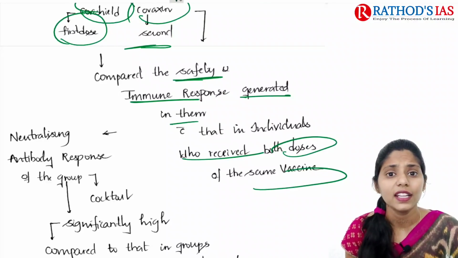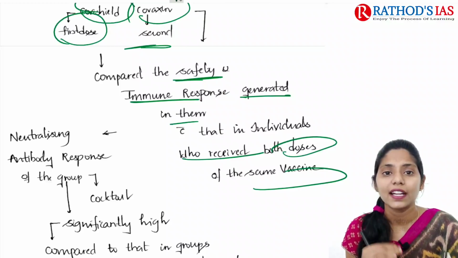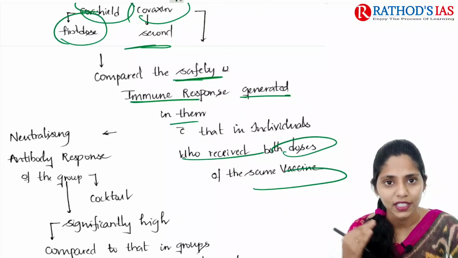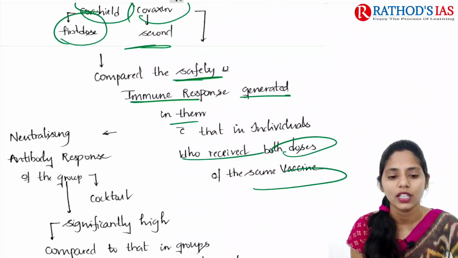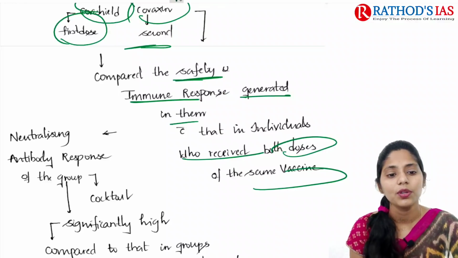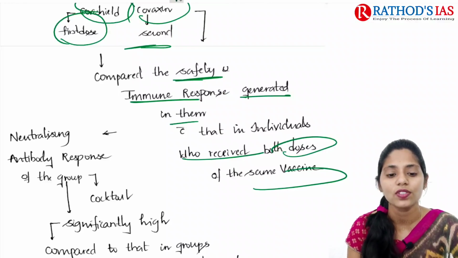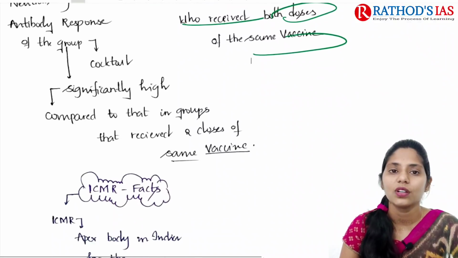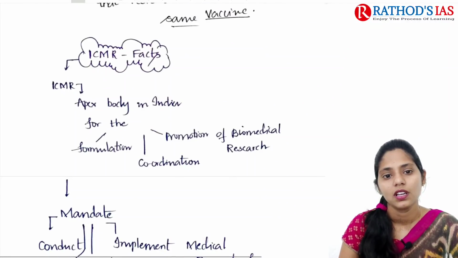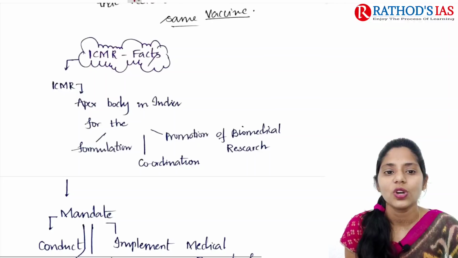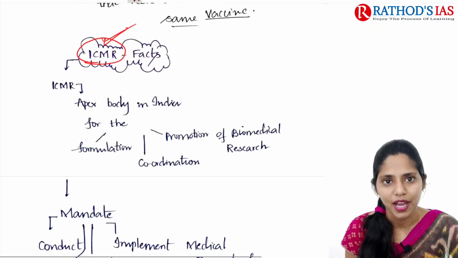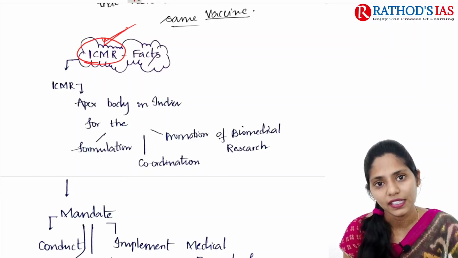Finally, this study found that the neutralizing antibody response of this cocktail group was very high compared to other groups. Now let us focus on some facts regarding ICMR, the Indian Council for Medical Research.